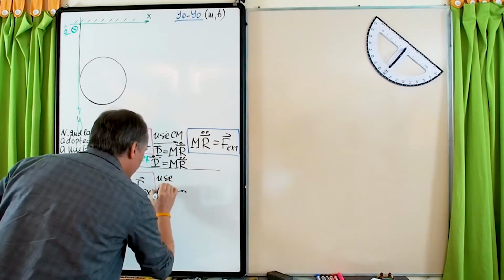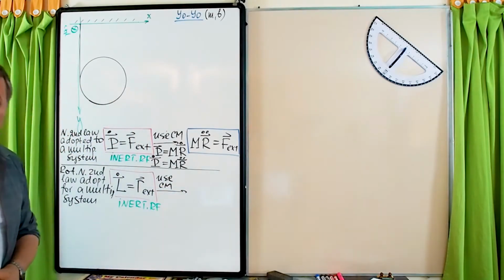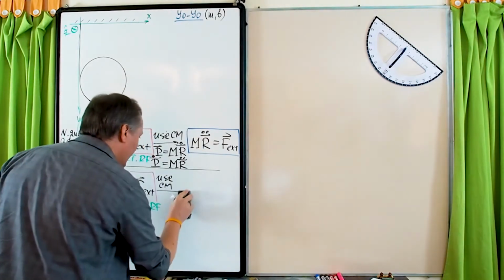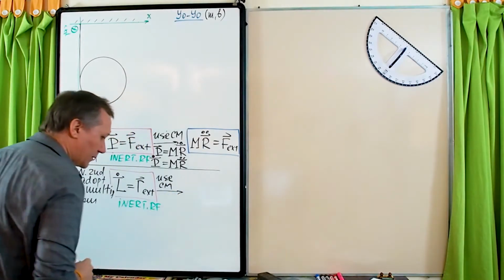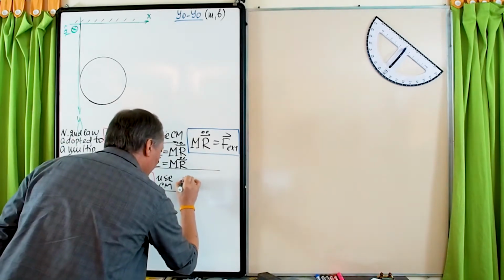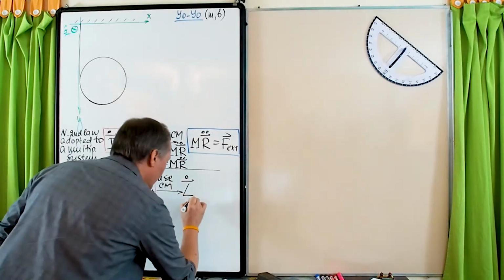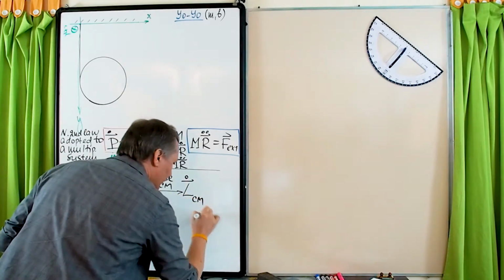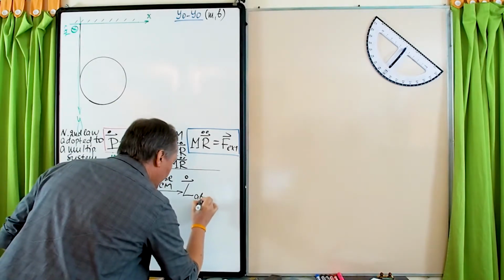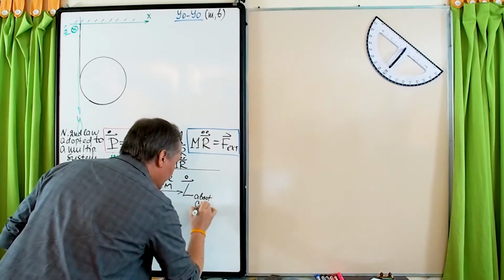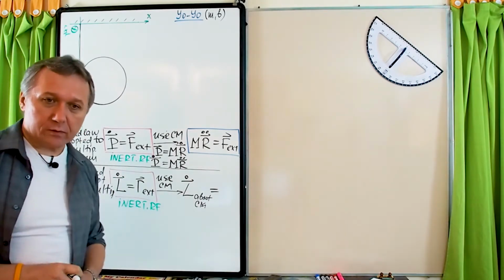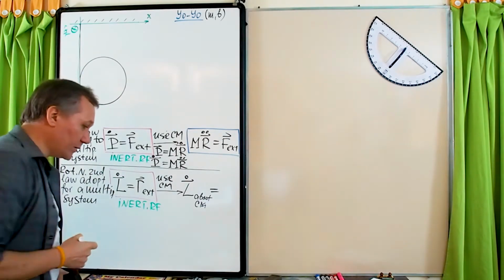We use the center of mass, and as a result, we ended up with the rate of change of the angular momentum about the center of mass equals the net external torque, again about the center of mass.